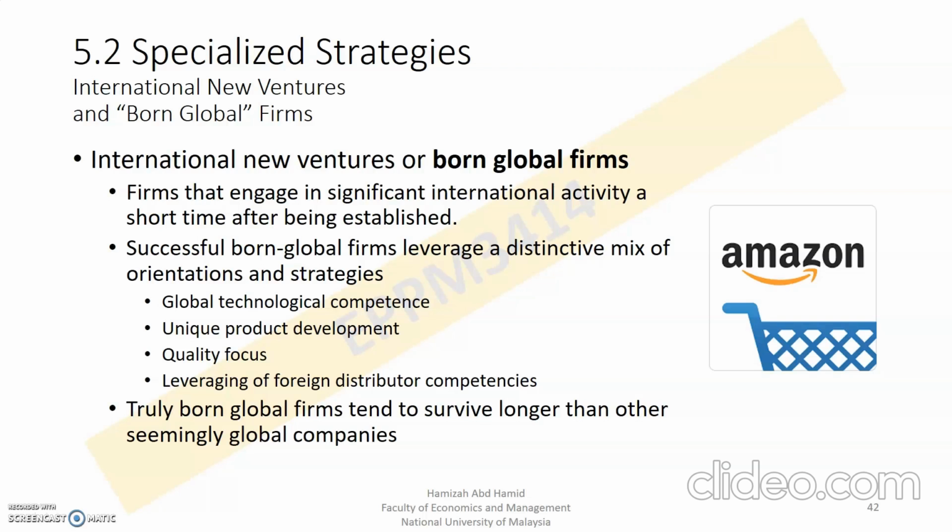Truly born global firms tend to survive longer than other seemingly global companies. One of the original and most successful born global firms is Amazon.com. They ventured into international operation 1 to 2 years after its starting point, and now it's one of the most successful companies in the world.